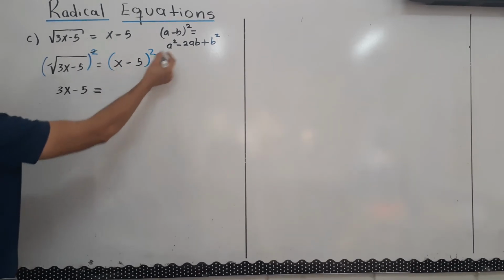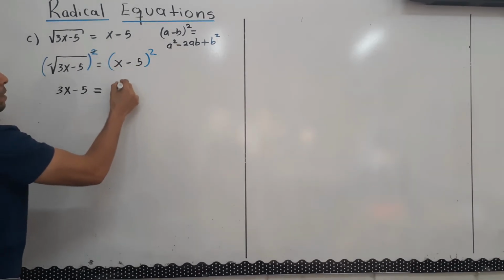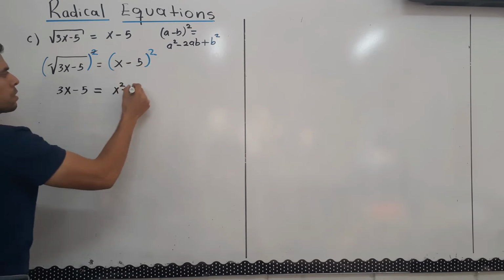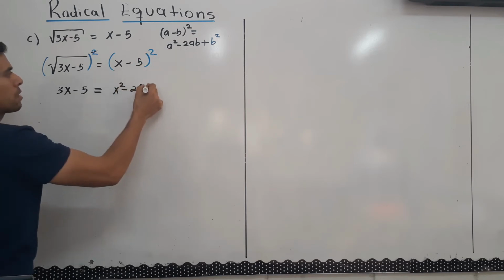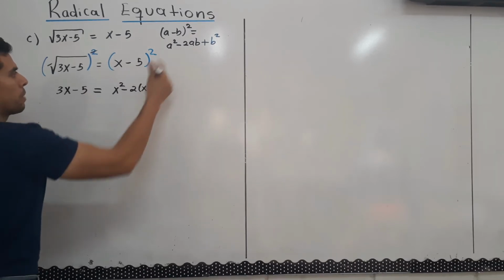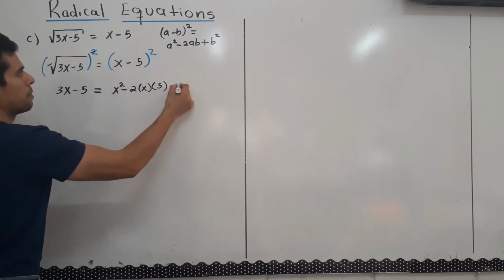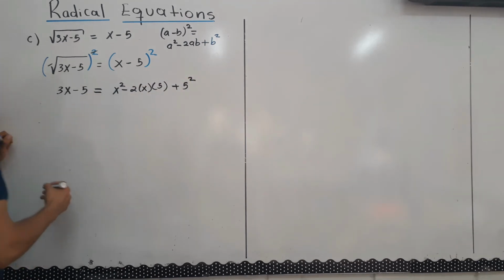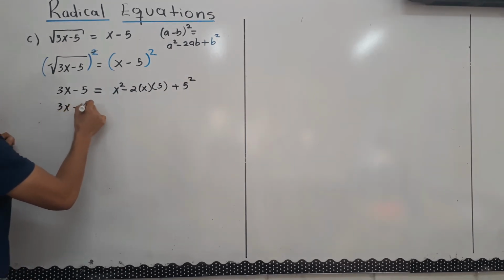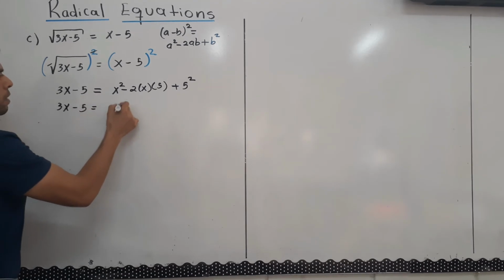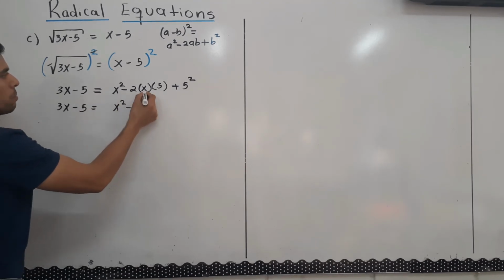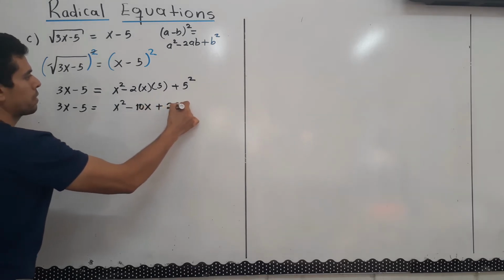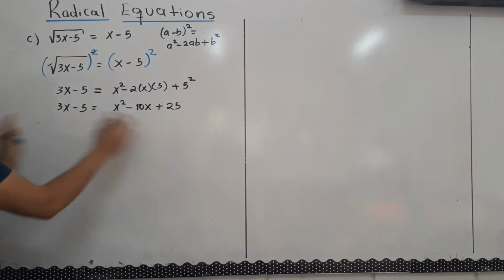So in this case, if I apply this, I'm going to have x to the 2, following this formula, minus 2 multiplied by a, in this case is x, multiplied by b, which is 5, plus b, in this case is 5, to the 2. Copy this part, x minus 5 equal to x to the 2 minus 2 multiplied by x multiplied by 5 is 10x plus 25. Then I'm going to move everything there.